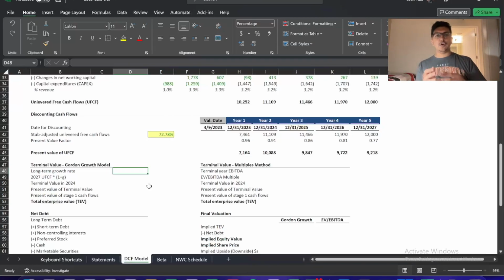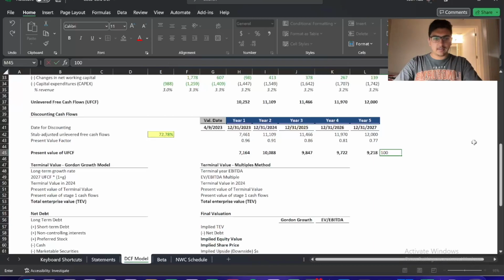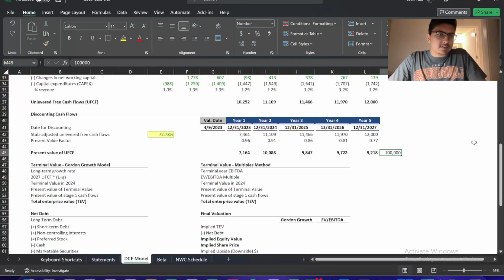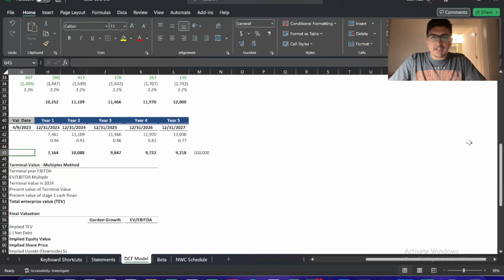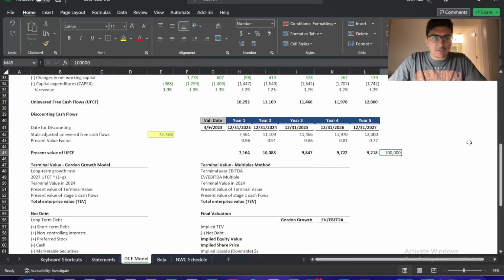It's the present value of all of the cash that Coca-Cola will generate from the last year of our projection period into infinity, all discounted back to 2027. Okay? So after this, we're probably going to have, let's just say it's like 100 billion. So this 100 billion amount is going to be all of the cash in the future, but it's going to be discounted to 2027.